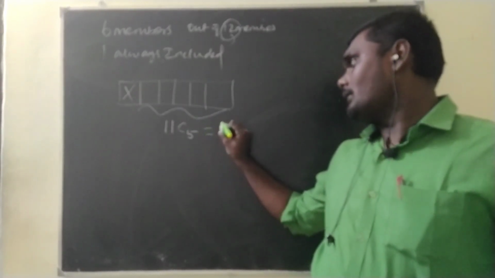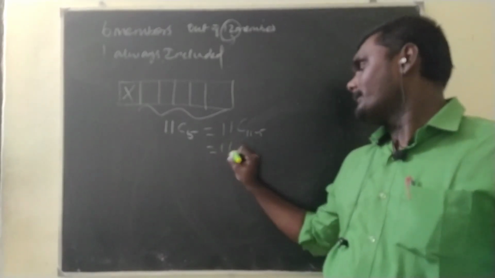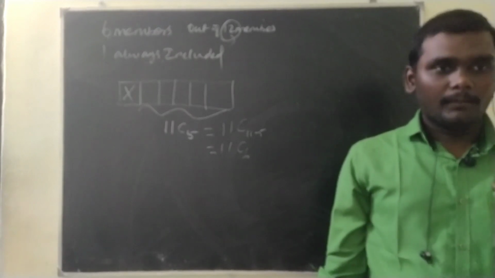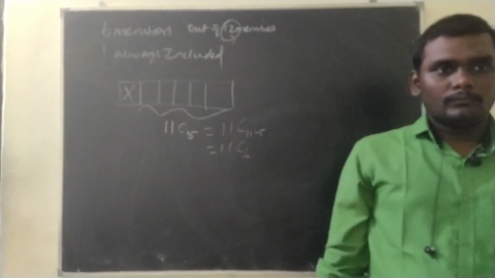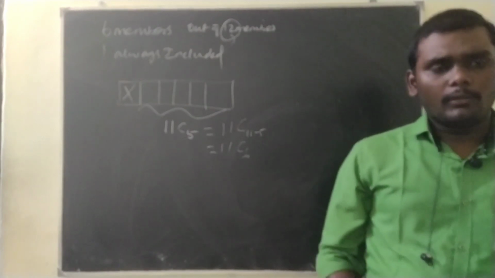That equals 11C(11 minus 5), that is 11C6. Clear? Okay. That is it with the combination. This third question alone will work out.